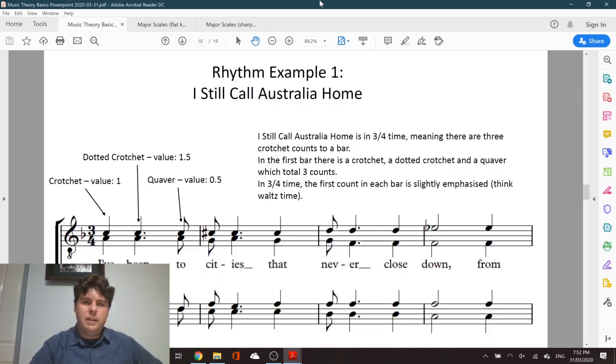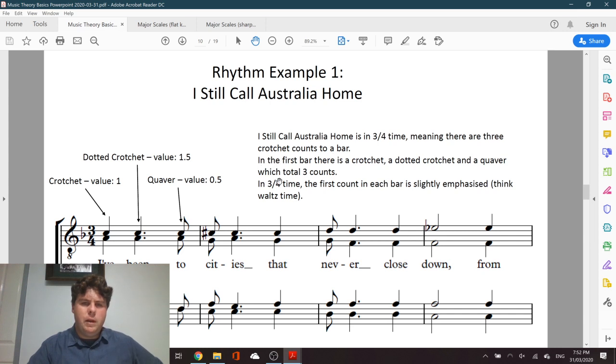Alright, here's a rhythm example, which I took from one of our repertoire pieces, I Still Call Australia Home. I Still Call Australia Home is in 3/4 time, meaning there are 3 crotchet counts to a bar.